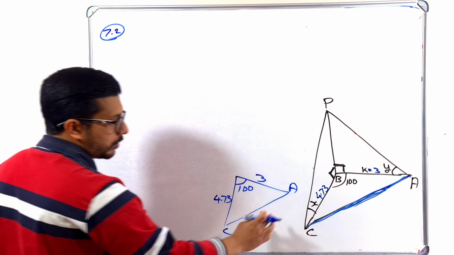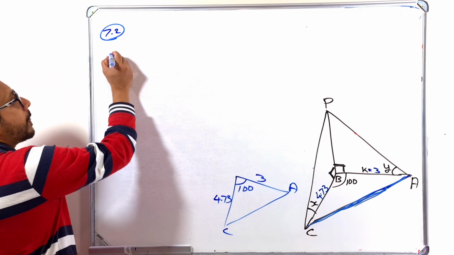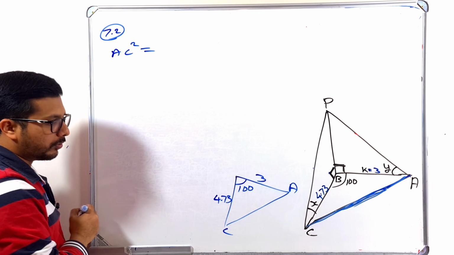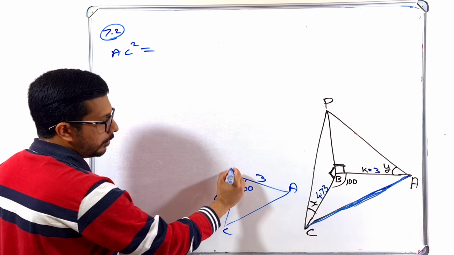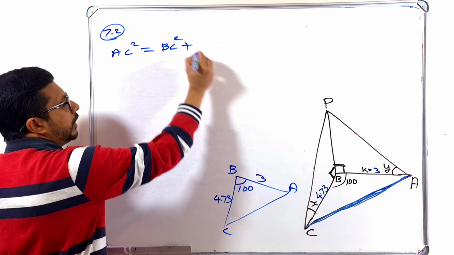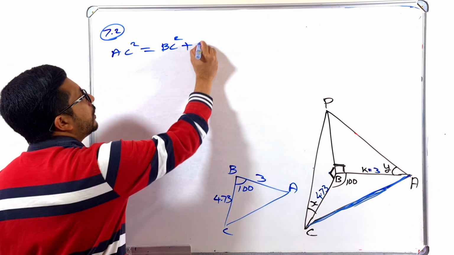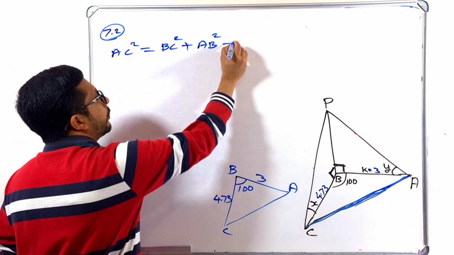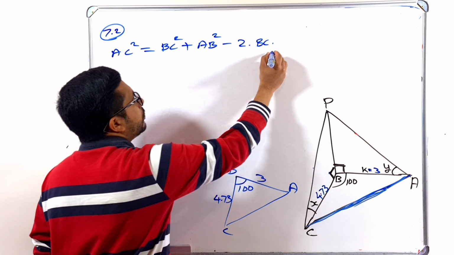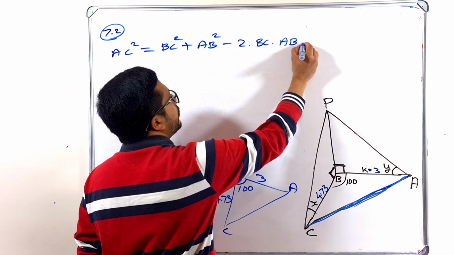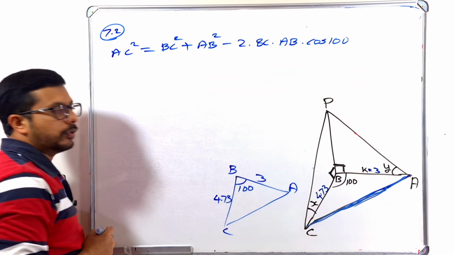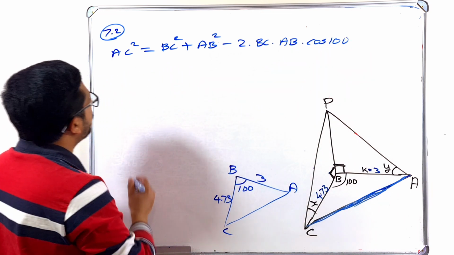So I'm going to apply the cosine rule for AC. AC square is equal to, how can you apply the cosine rule? What is this angle? B. So BC square plus AB square minus 2 into BC into AB into cos of that angle, that is angle B. Now substitute the values.